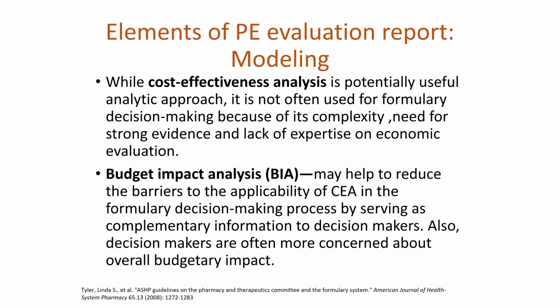So what other elements can we add? We talked about cost effectiveness analysis, and it would be a very good tool to compare the alternatives, especially if they're from the same disease area. However, it's not feasible to conduct cost effectiveness analysis at hospital level, because we all know that we are limited with capacity, and the approval rate of drugs is extremely high.